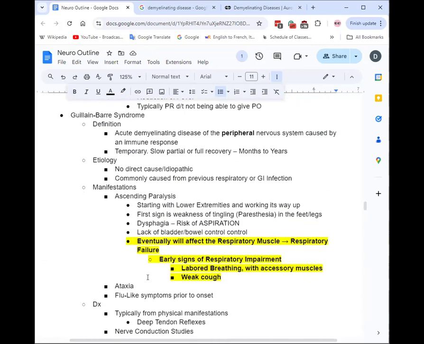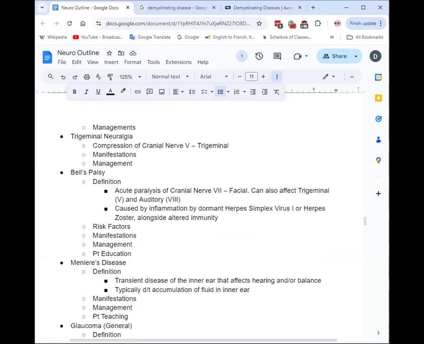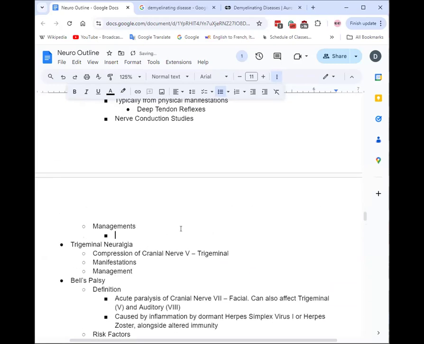But I think the main important thing with this is the airway and your management. So we already talked a lot about that. Obviously you're going to assess the airway. You're going to assess respirations. It's going to be important. The patient might have to go on a ventilator.